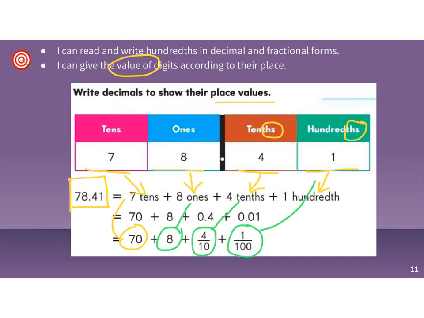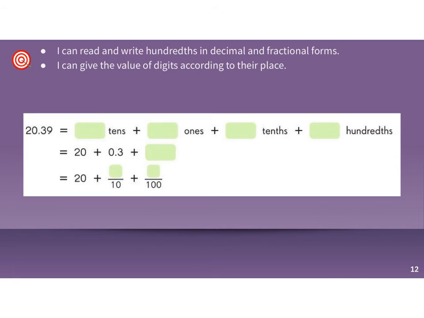So keeping all of those places in mind, what would you write for the values of 20 and 39 hundredths? How many tens are there? How many ones? How many tenths? And how many hundredths?